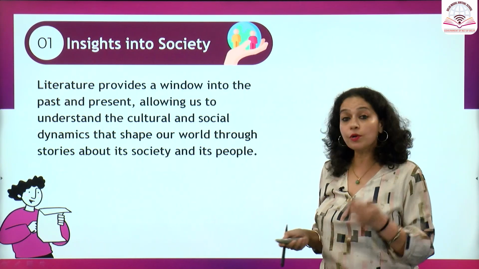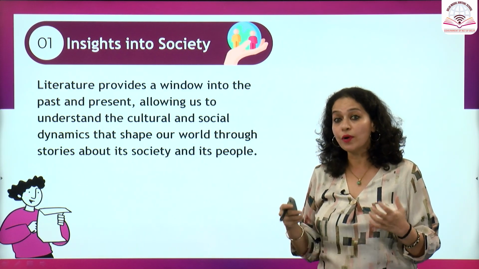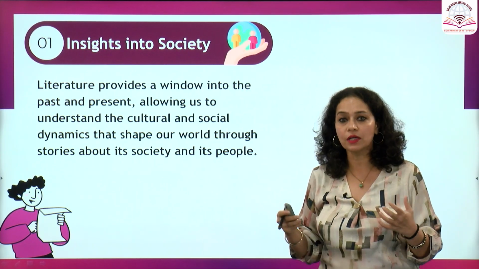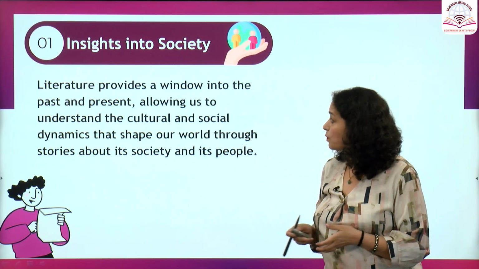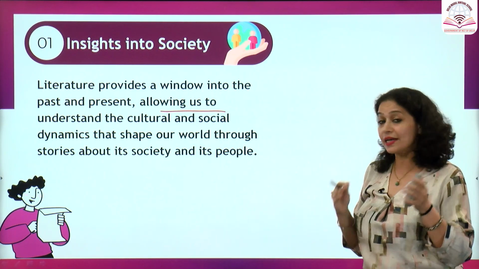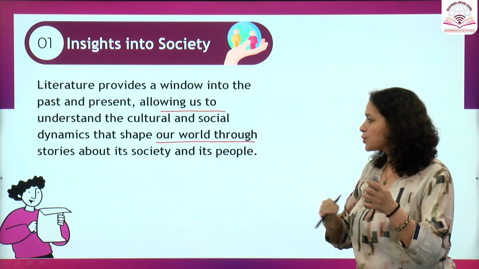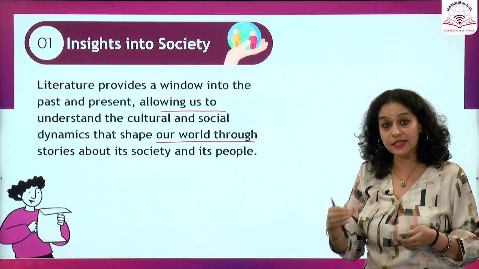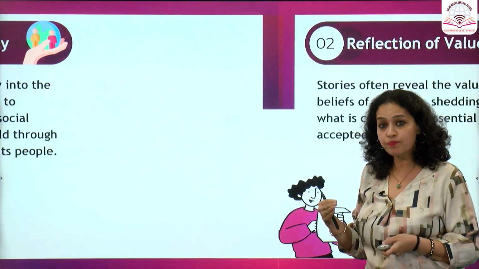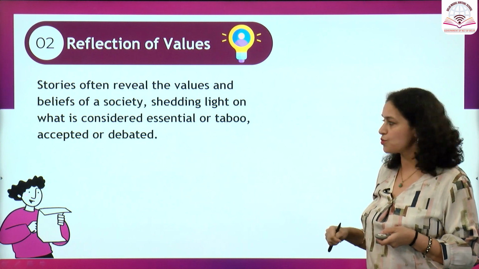First of all, if we talk about insights into society, we get a peep into the society when we read a story of a particular culture. Literature provides a window into the past and present, allowing us to understand the cultural and social dynamics that shape our world through stories about its society and its people. If we talk about reflection of values, very important point, students.